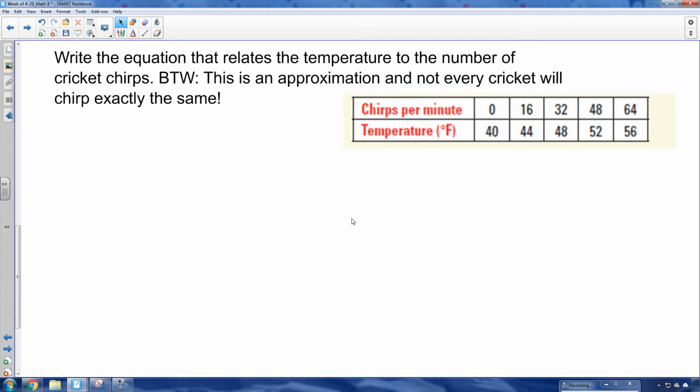Back in the fact of the day, we talked about crickets chirping, and that's what this is showing. As the temperature goes up, the crickets chirp more, and they don't chirp until it's over 40 degrees. So pause this video and give this problem a shot.